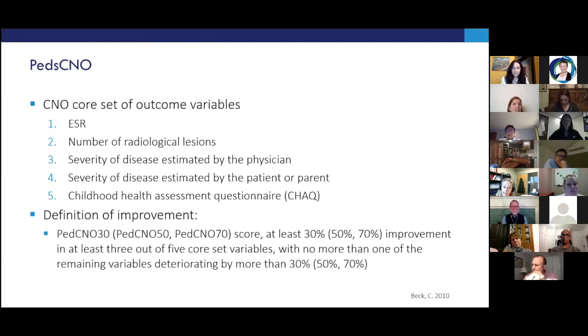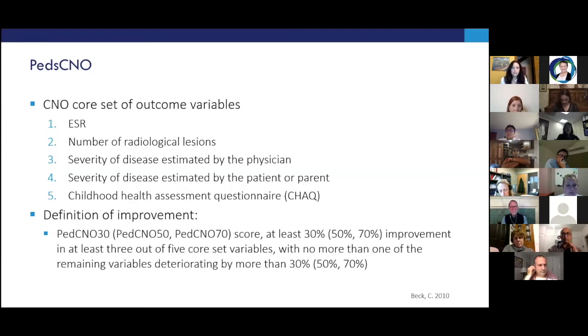The PED CNO includes ESR, number of radiological lesions, severity of disease estimated by the physician, severity of disease estimated by the patient or parent, and a CHAQ score, Childhood Health Assessment Questionnaire.